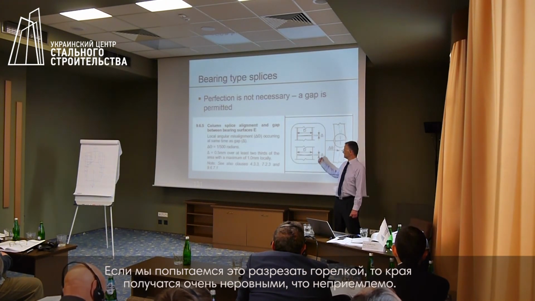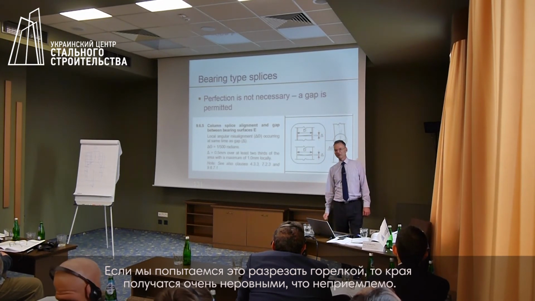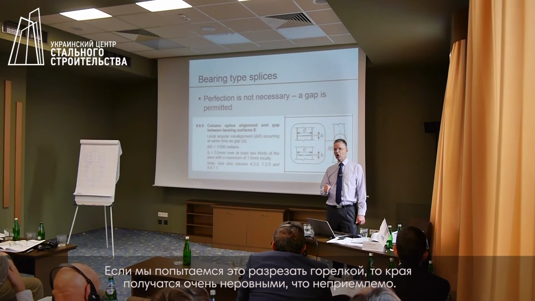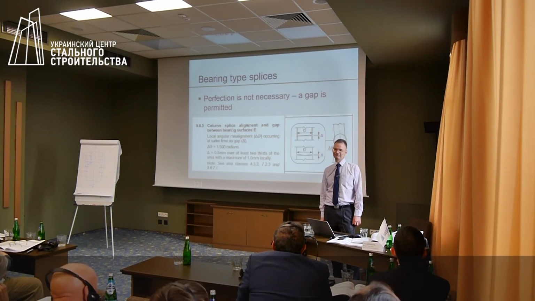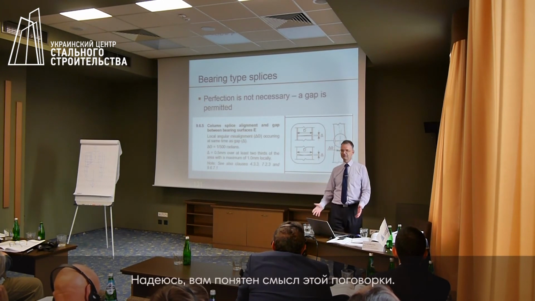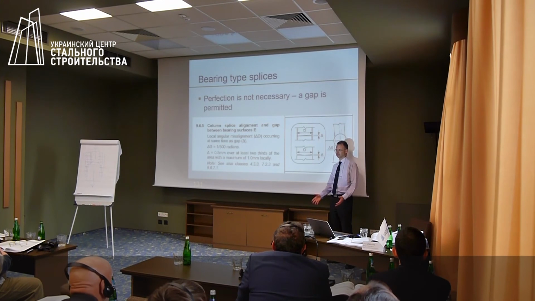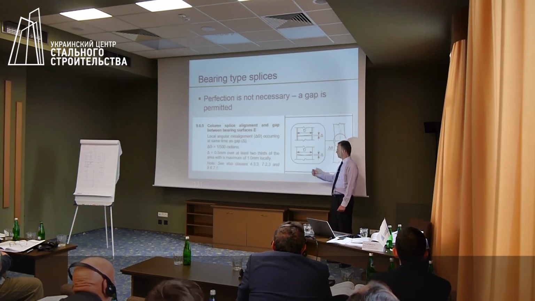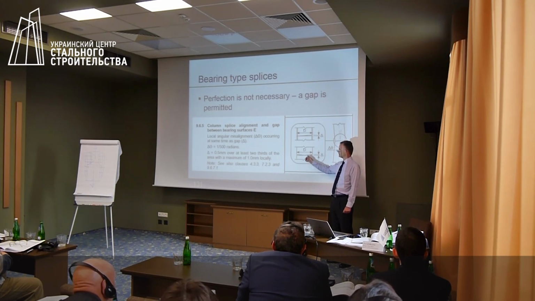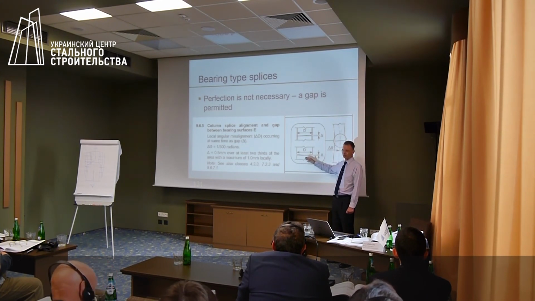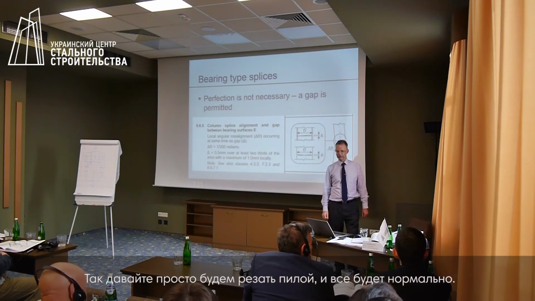If you have burnt this, I'm not sure how we're going to translate this, ladies, but with an oxyacetylene torch. Did that make sense? A burning torch. Then the edge is very uneven and would be unacceptable. But cut with a saw and it will be okay.